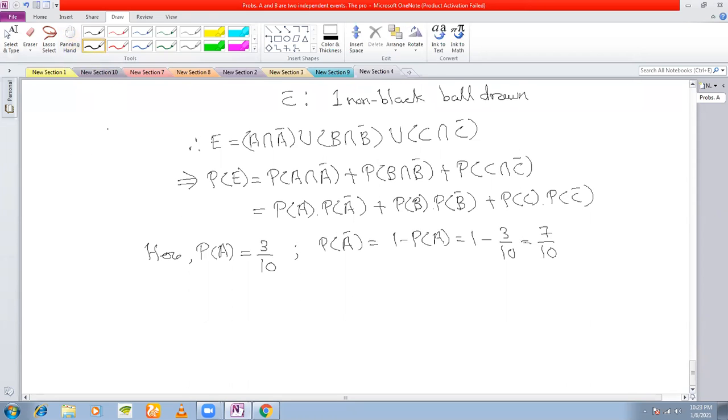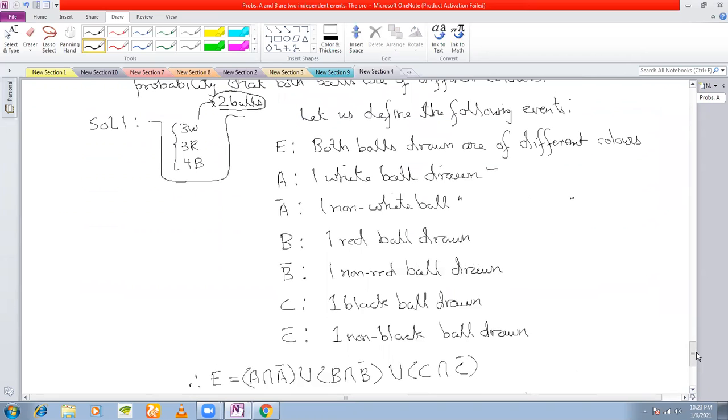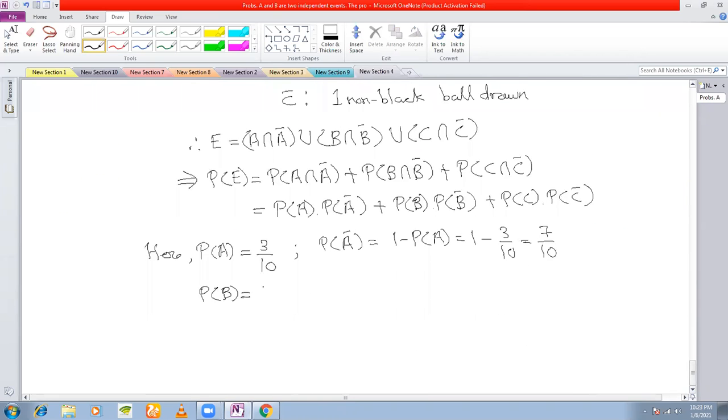Next, P(B). What is event B? One red ball drawn. How many red balls? 3. So again 3 by 10. So what is P(B bar)? 1 minus P(B), which is again 1 minus 3 by 10, which is 7 by 10, right?